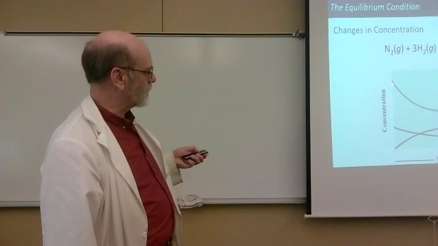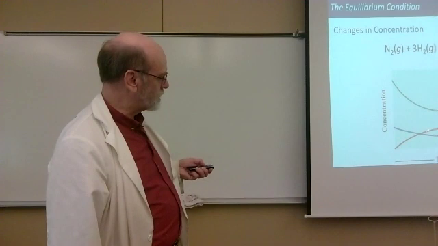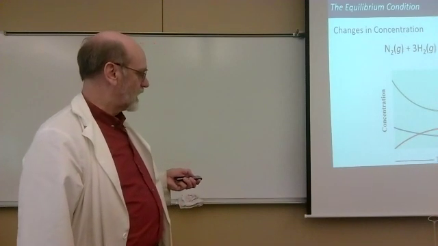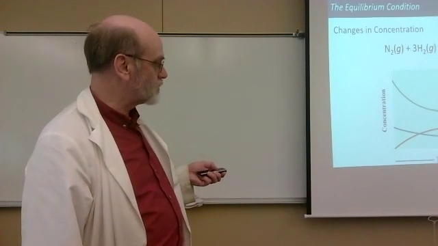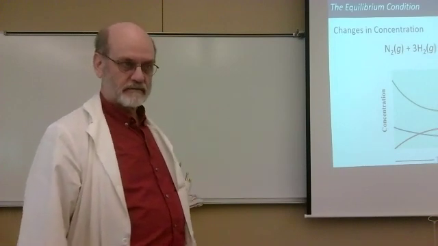And then they slowly disappear. And as they do, we accumulate ammonia. And at some point in time, the concentrations of each one of the reactants and products is constant.